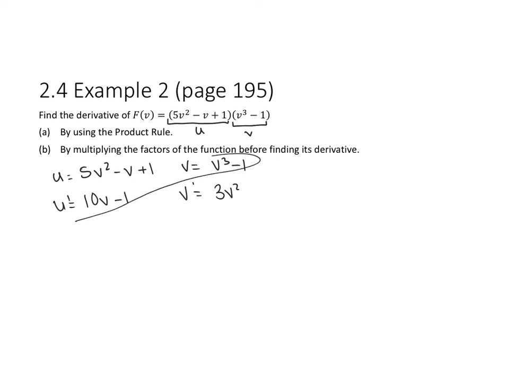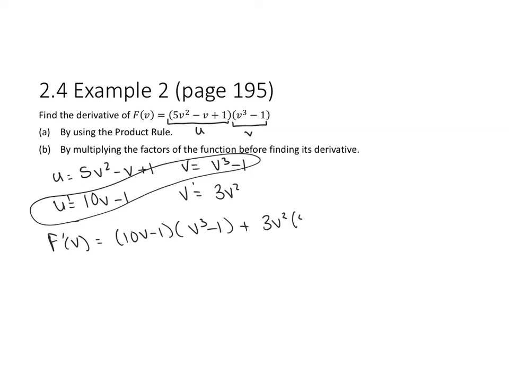I multiply these together: (10v minus 1) times (v cubed minus 1) plus 3v squared times (5v squared minus v plus 1).